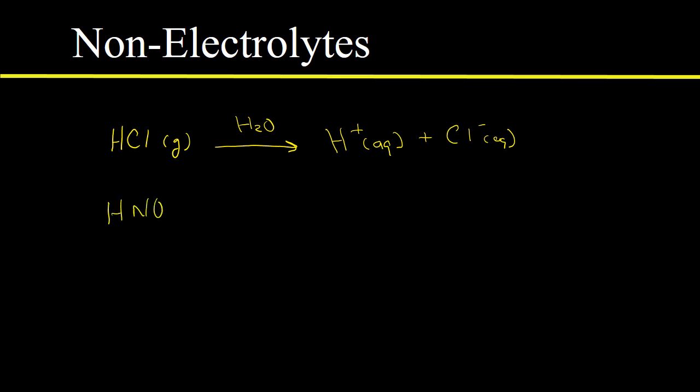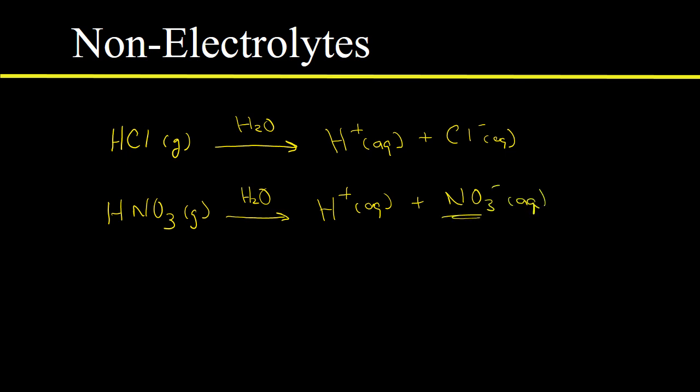Nitric acid, same thing. Dissolve this in water. You can get H plus and nitrate ions. Okay. Again, the ions themselves maintain their integrity, but they split up from the cation. And for the sake of strong acids, that cation is always going to be H plus. All right. So this reaction will be played out for all of the strong acids, which are strong electrolytes.